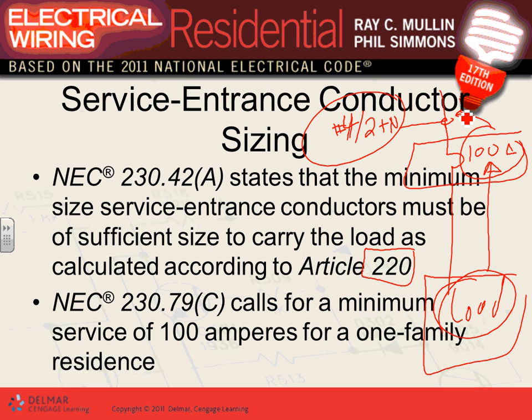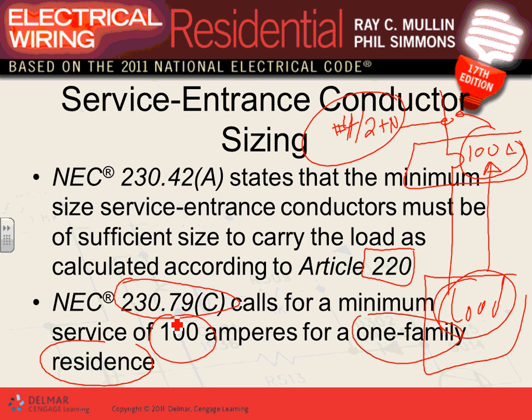If you have a one-family dwelling, guys, a one-family dwelling residence, the NEC code book in this section will tell you, don't you ever dream of bringing a service less than 100 amp. In the past, in the US, we used to give 60 amp services for dwellings. The minimum for a standalone one-family residence, the minimum that we use by code, is 100 amp.